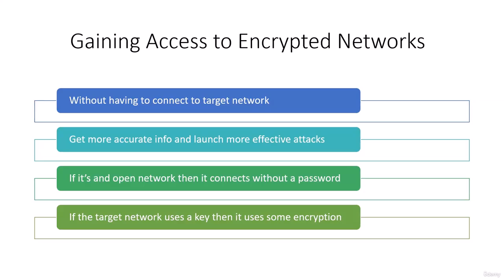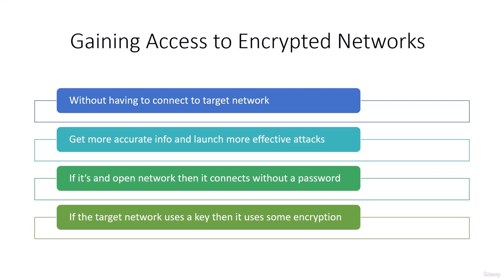So for everything we have done, we didn't need to connect to any network. The good thing about connecting to a network is that you will be able to launch more powerful attacks and get more accurate info. Now if the network doesn't use encryption, so if it's an open wireless network, you can go ahead and connect to it, and then you can sniff unencrypted data.